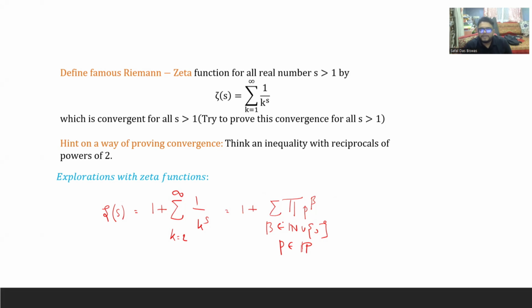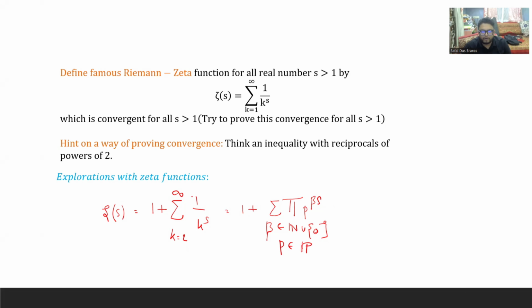Because every integer can be expressed as a product of prime powers, you can take every positive integer, and you get an expansion like this. So if you take this sum and this product over primes and over all beta in the natural numbers union 0, you will get every factorization, I mean every integer.